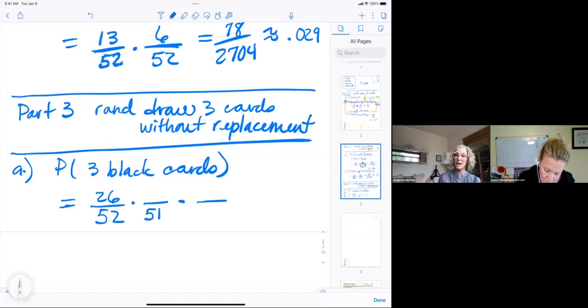And because I drew a black card on the first draw, now I only have 25 left to choose from. On the third draw, the denominator is now 50 because I have 2 cards sitting out now. And I have a second black card sitting out. So now I only have 24 left in my deck.